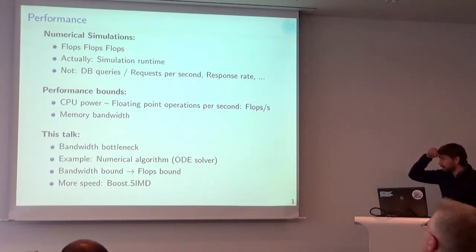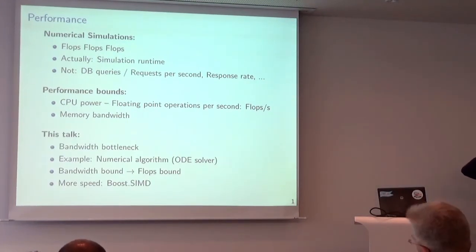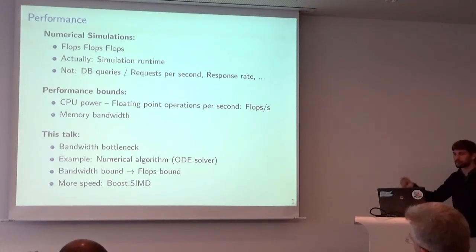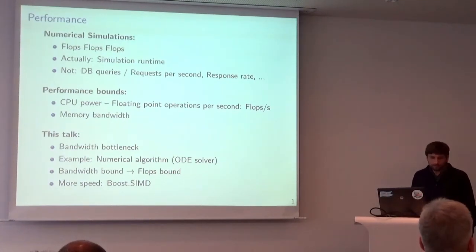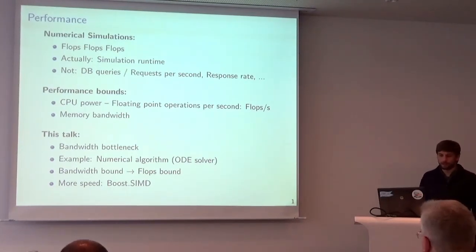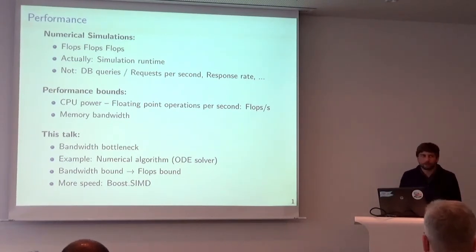Okay, so in a short structure of my talk, first I will introduce the problem that I'm working on. I will talk a little bit about the CPU limitations. And then I will mention the core problem of memory bandwidth bottleneck. I will show you a bit the numerical algorithm that I'm working with, which is an ODE solver.